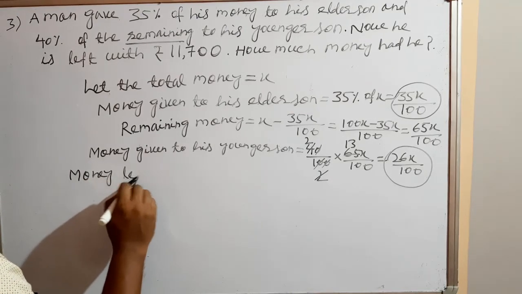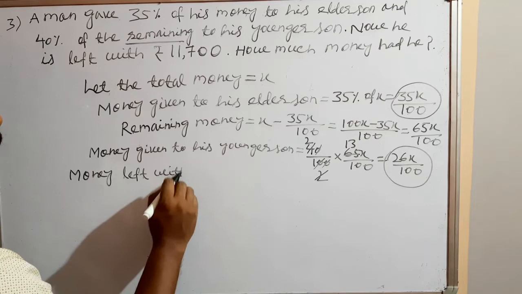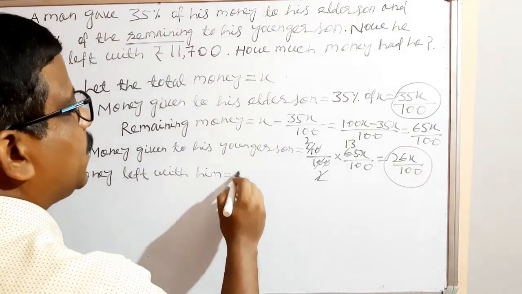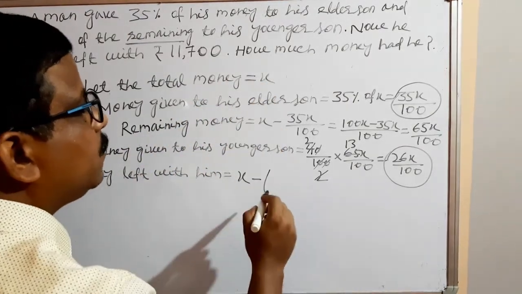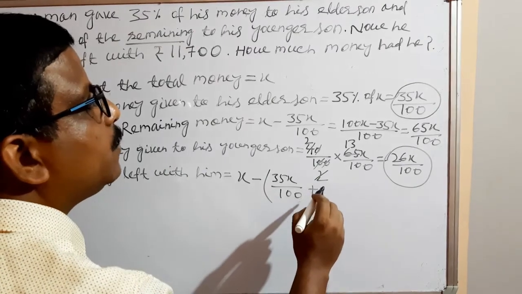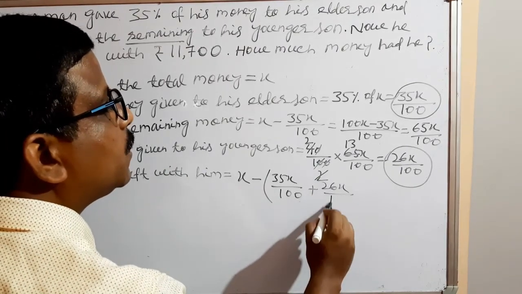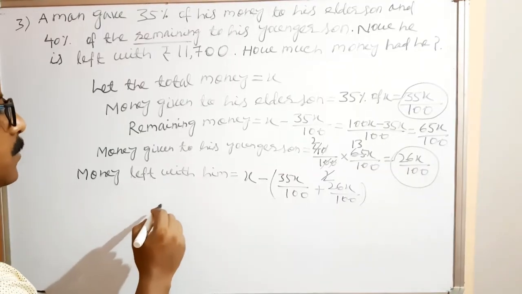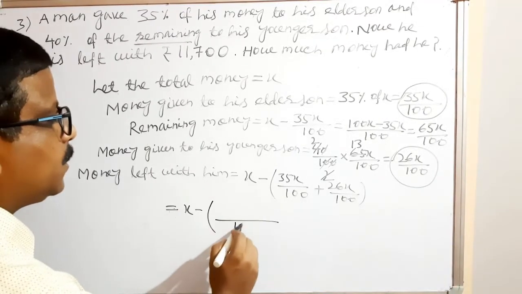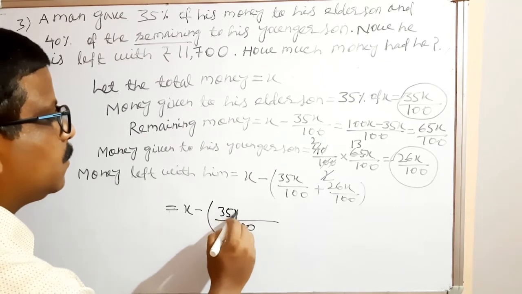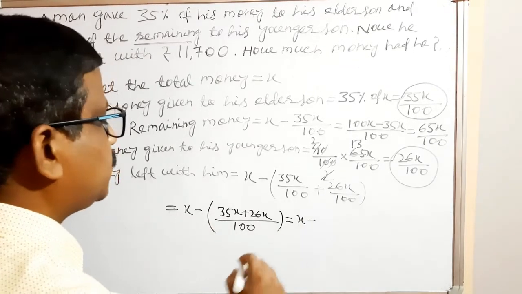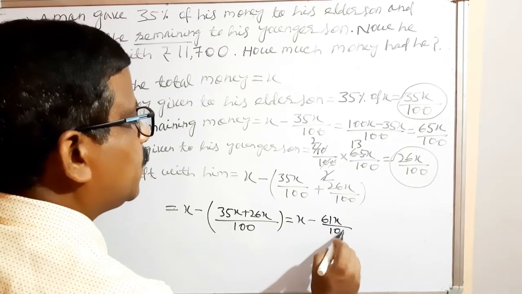Money left with him is equal to the total money x minus the money given to the elder son 35x by 100 plus the money given to the younger son 26x by 100. So the LCM is 100: x minus 61x by 100.